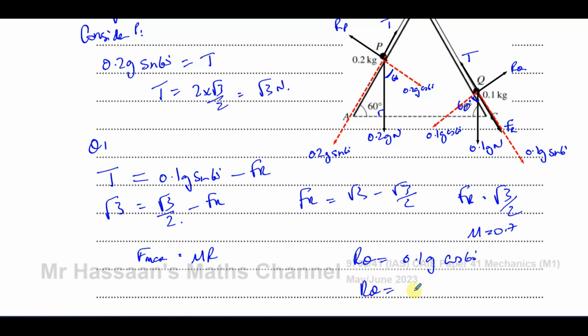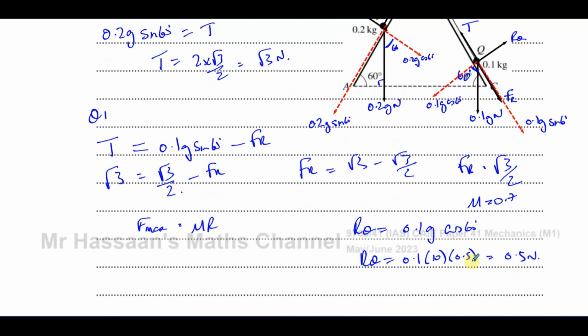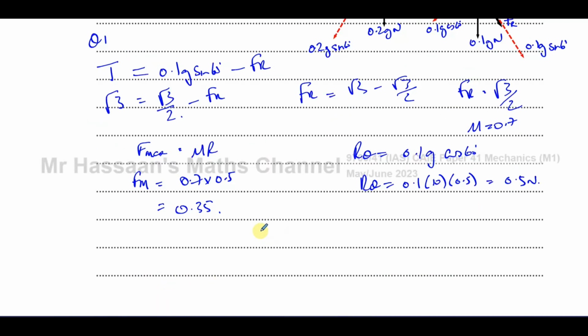So the reaction force at Q is going to be 0.1 times 10 times 0.5, which gives you 0.5 newtons. So we can say F max is going to be 0.7 times 0.5, which is 0.35.